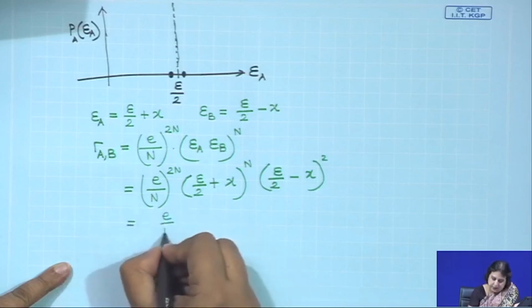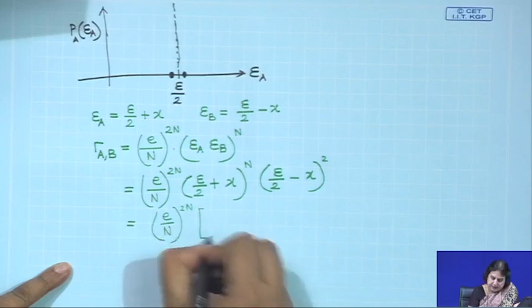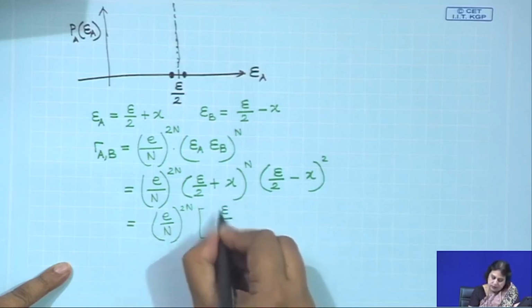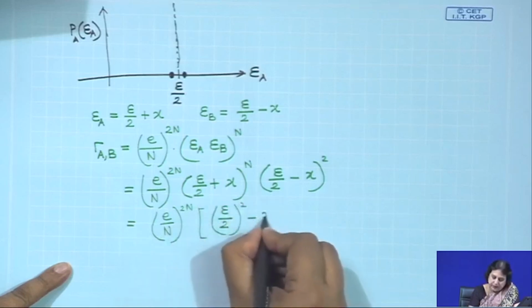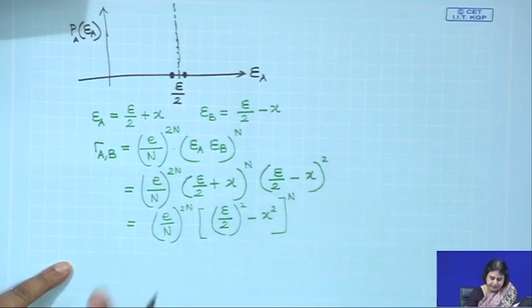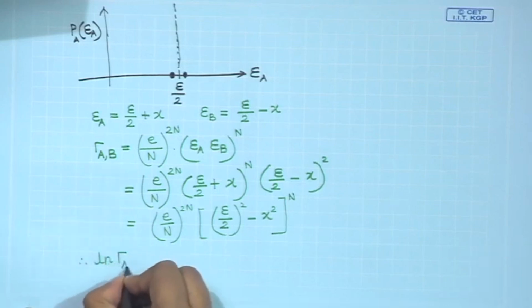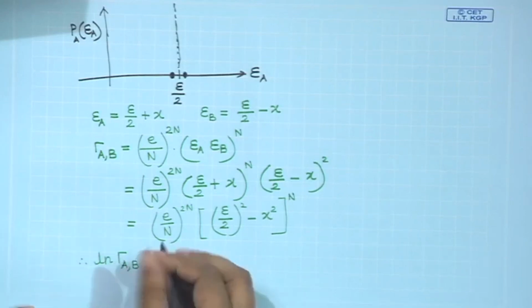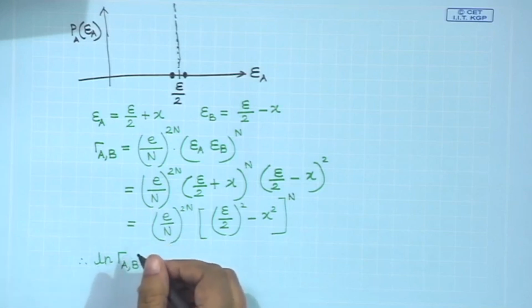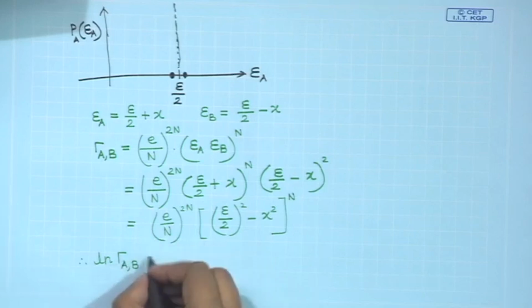Therefore, this number now looks like as if it is epsilon by 2 whole square minus x square raised to the power of n. Now, if I take a natural logarithm on both sides, then ln of gamma A B is going to be something that you can very easily find out.